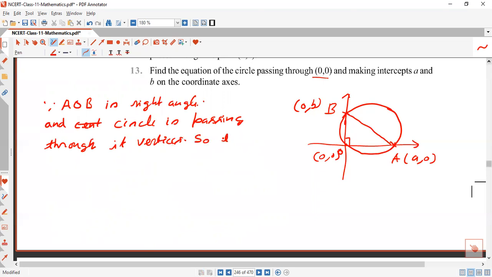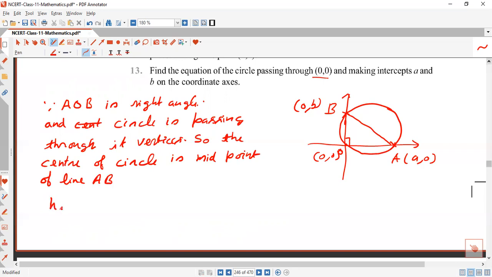So what will the midpoint come out to be? The center is h, k. We see here (a plus 0) by 2, comma (0 plus b) by 2. This will be a by 2, comma b by 2.